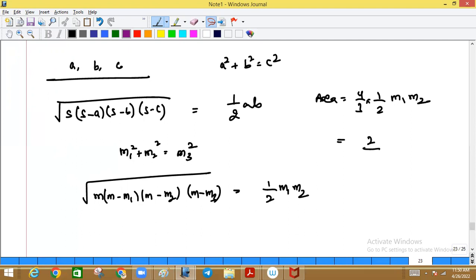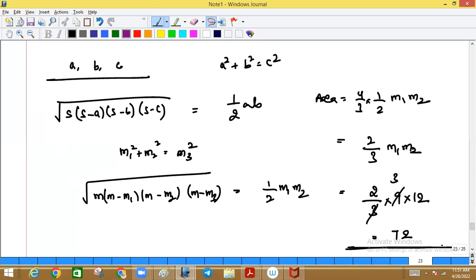If it becomes a triplet, then area is what? 2/3 of M1, M2. So what is 2/3 of M1, M2 there? M1 is 9, M2 is 12. 3 ones are, 3 threes are. Therefore, it is how much?